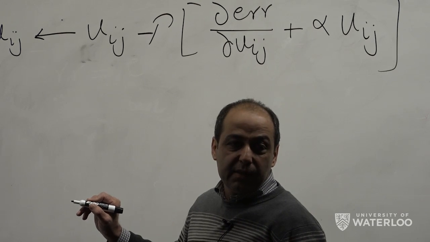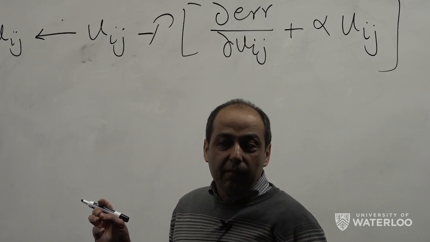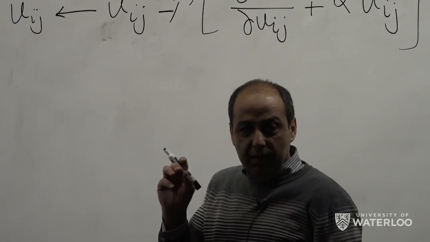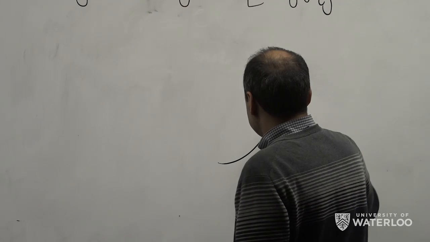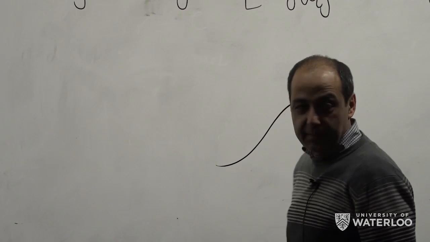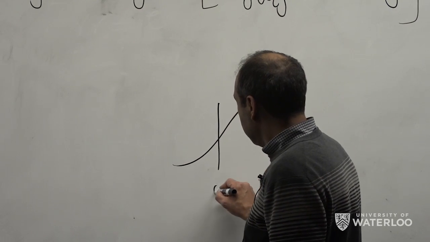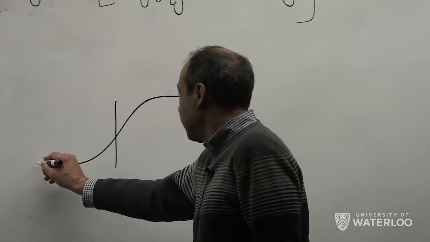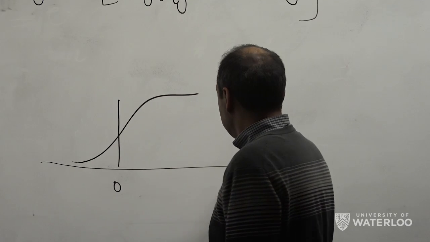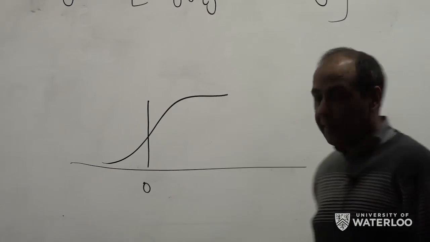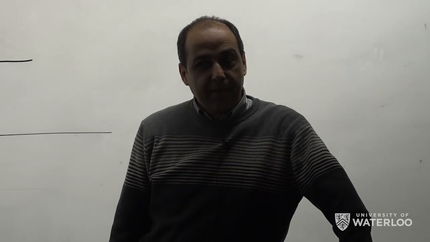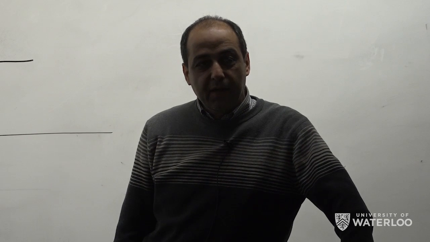In many cases, the nonlinearity that we use at the end of each unit has this form. This is 0. So large weights are here, here. Small weights are here. Any idea why large weights make the model more complex?